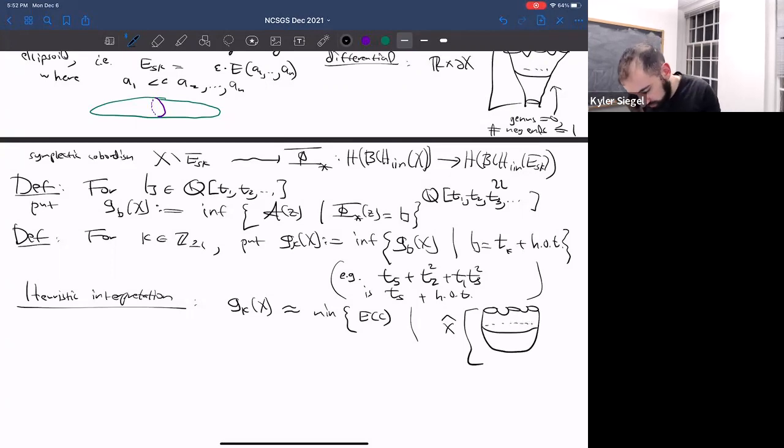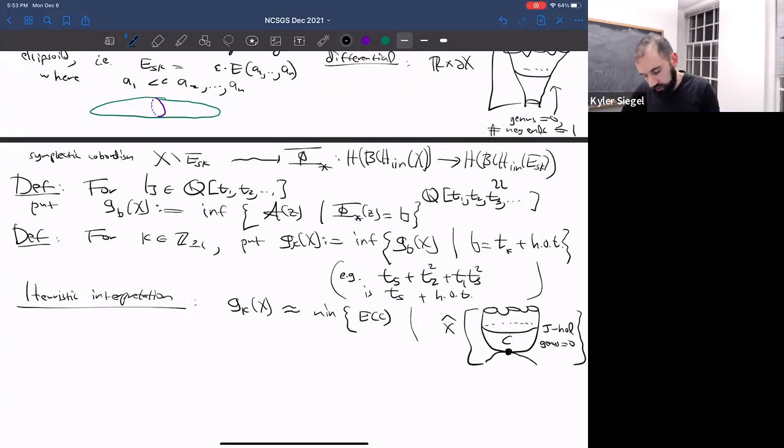So let me call this curve C, which is J holomorphic for some J, genus 0, and it satisfies a so-called local tangency constraint.